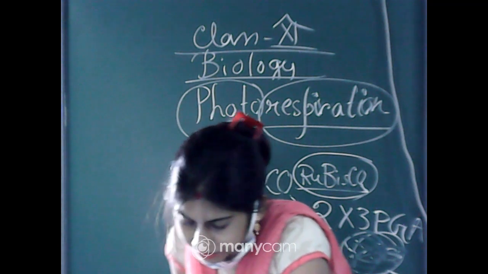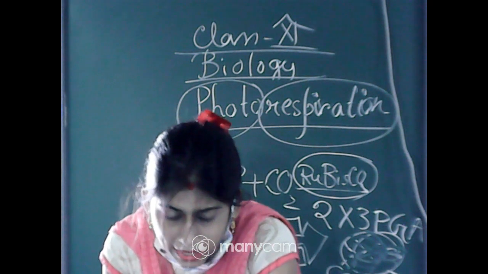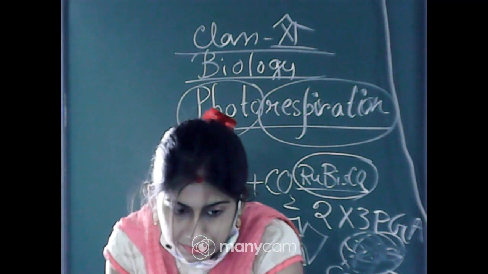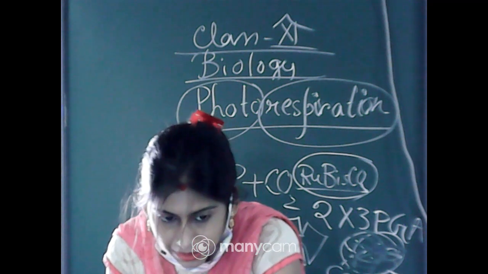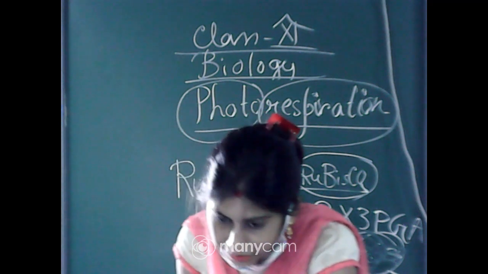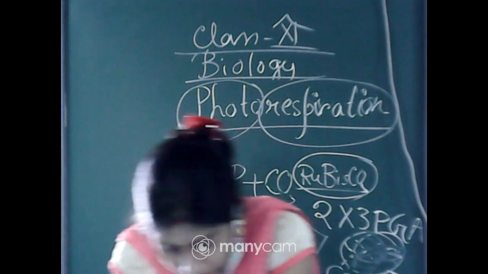Now this type of binding you can call competitive. In the enzyme chapter you have read about competitive and non-competitive types of inhibition. So that is competitive.